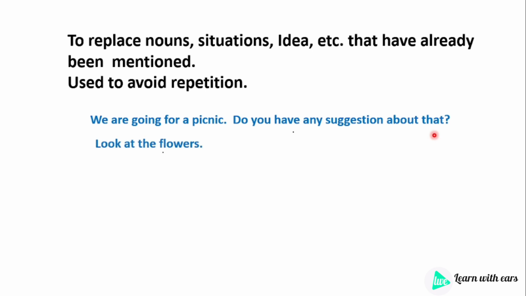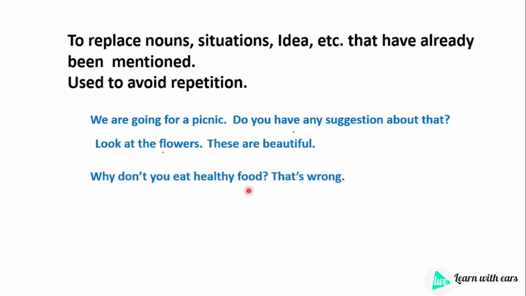Next, look at the flowers. These are beautiful. What are beautiful? Flowers. Next, why don't you eat healthy food? That's wrong. What's wrong? Eating unhealthy food. Okay, so we also use it to avoid repetition, right?